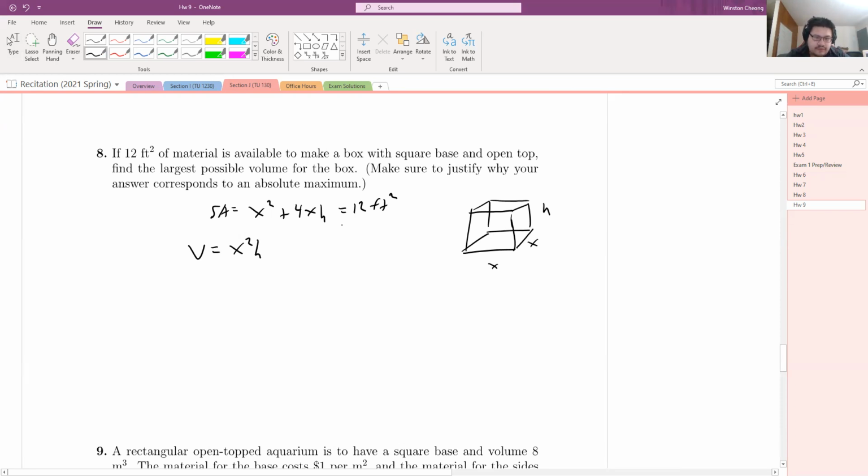So rewriting this, I'm going to get 12 minus x squared divided by 4x equals h, just solving for h. So I now have an expression for h. I can then replace h out.